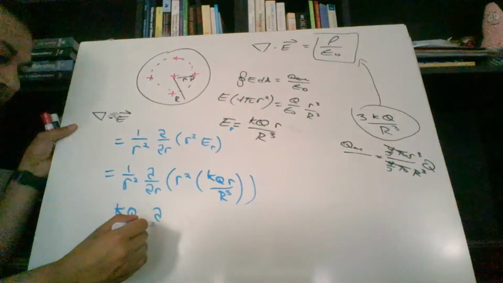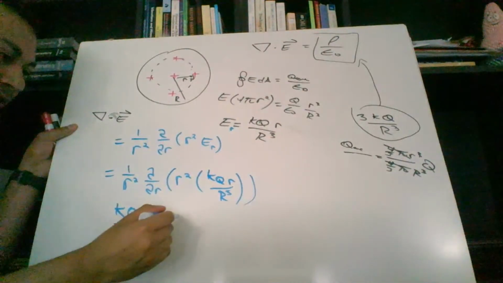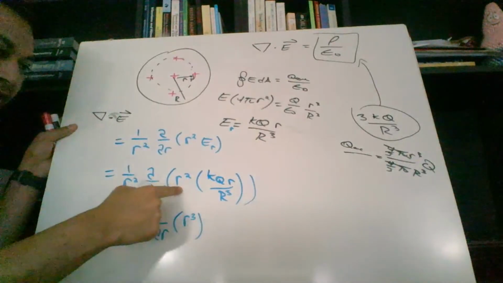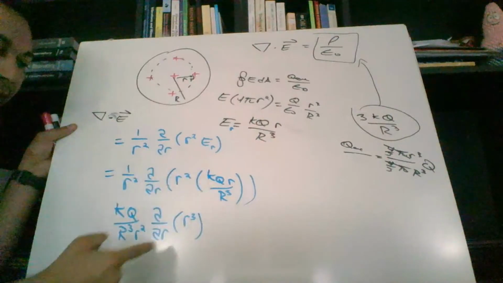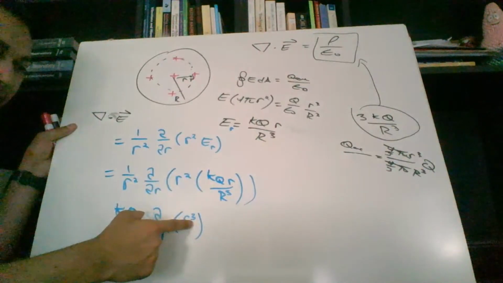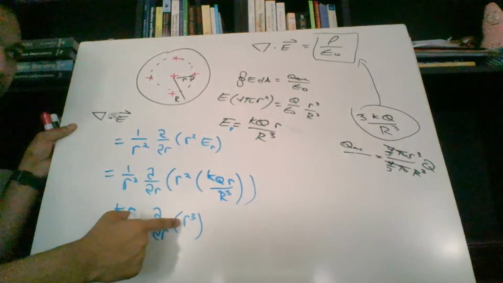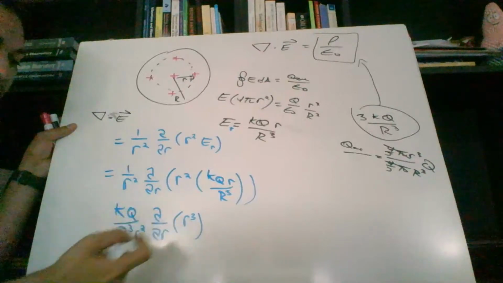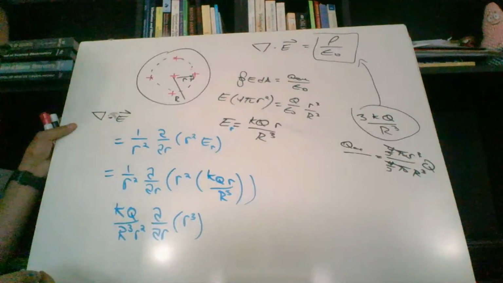And we take the partial differential of r cubed here, because it's r squared and then the r right there. So the derivative of this is going to be 3r squared, I think. Am I right? Yeah, I think I'm right there.